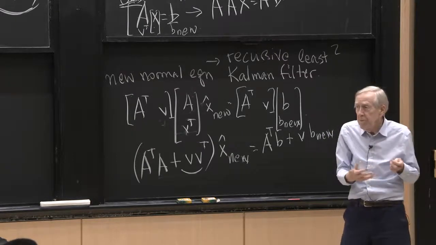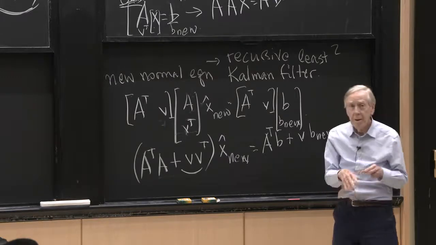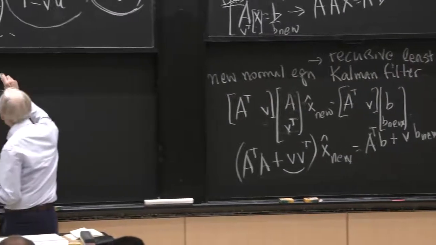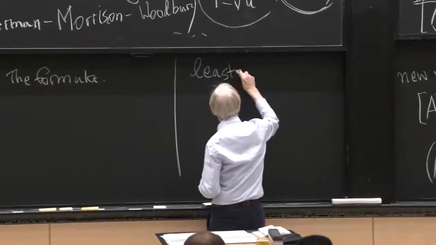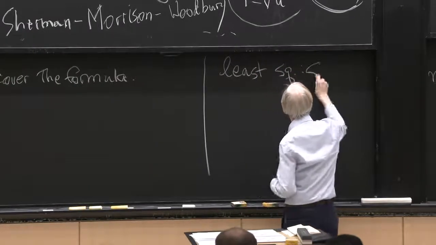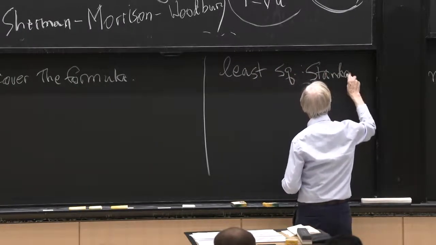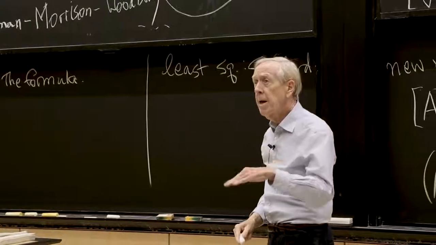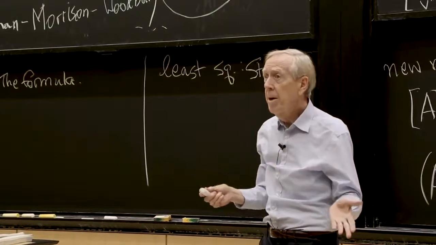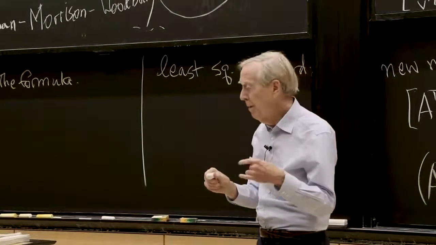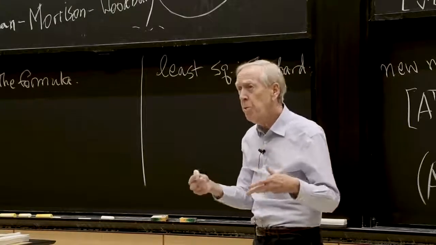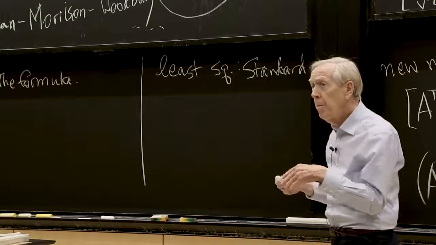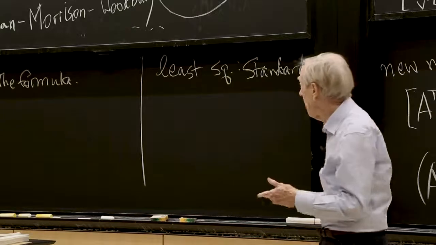Least squares, let me just remind you, if I can write it here. So least squares, standard. Standard meaning that the data is not correlated. It all has the same variance. These are the statistics words that I'm using, and I'll talk about them properly later.